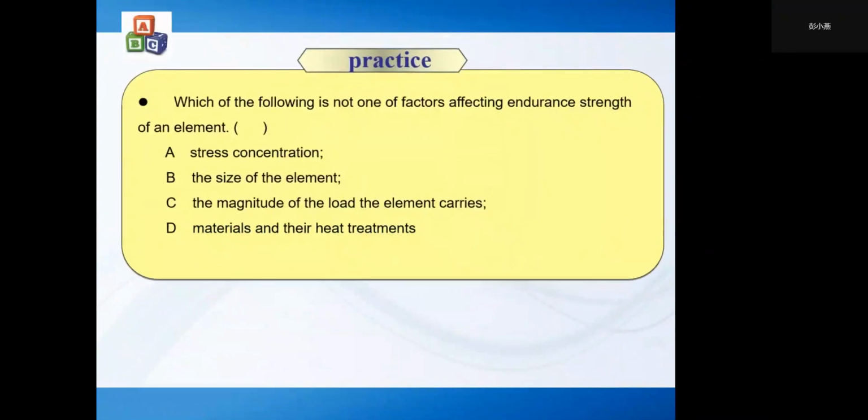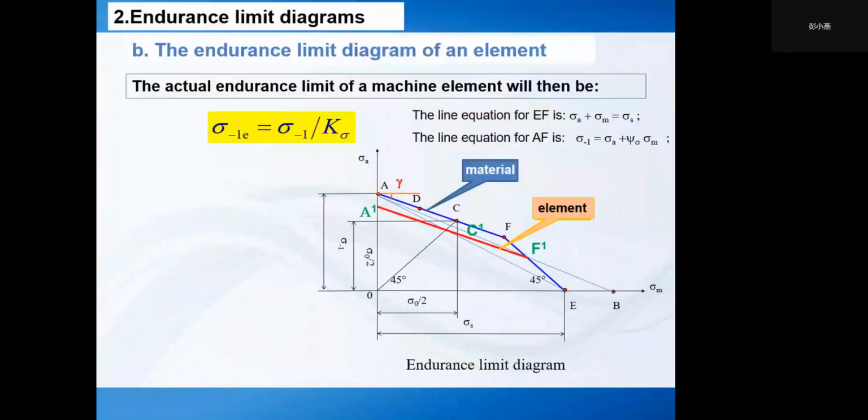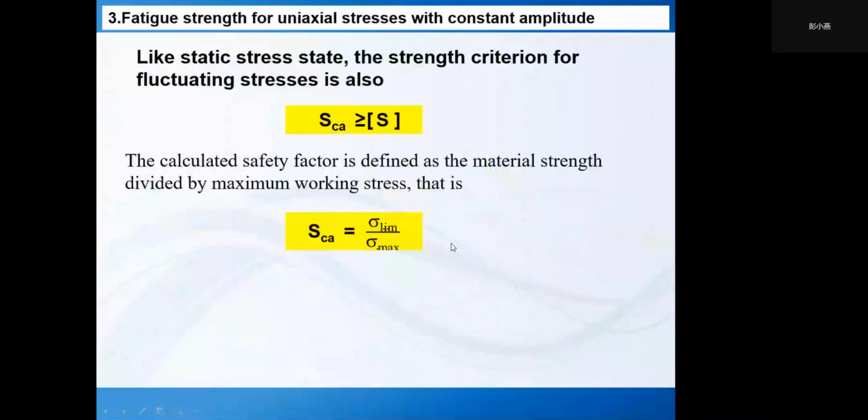And then for the fluctuating stress, how do we calculate the safety factor? We should obtain the limit stress.